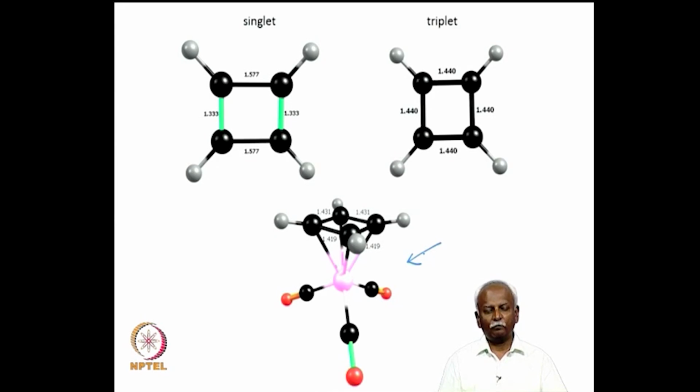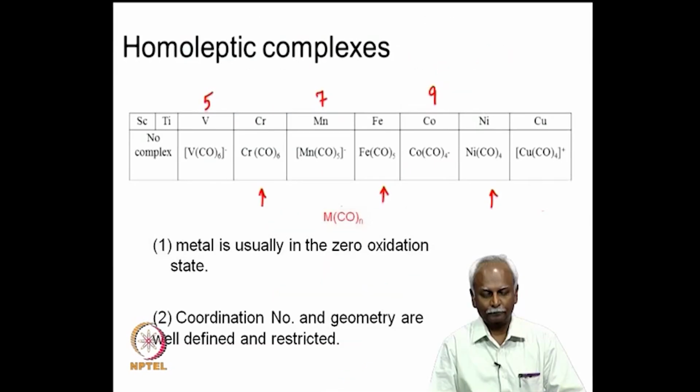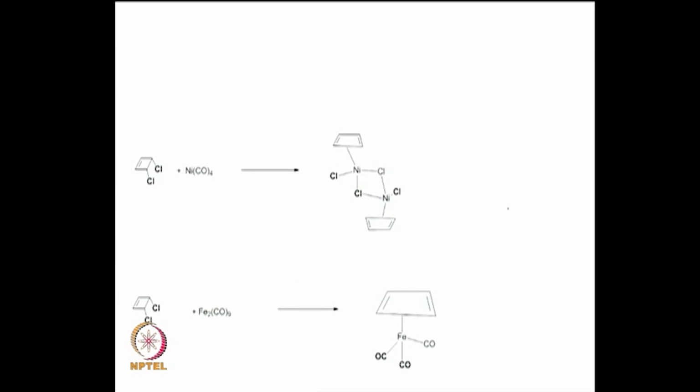So, you do not have experimental structures for free cyclobutadiene bond distances, but you have calculated distances, and these are shown here. And as I told you, the singlet is the one which would have not conjugated, but isolated double bonds. So, when it forms the complex, you have a very nice interaction. Okay, let us take a look at how one can make these molecules. It is possible to make them by using a compound which is in the low valence state.